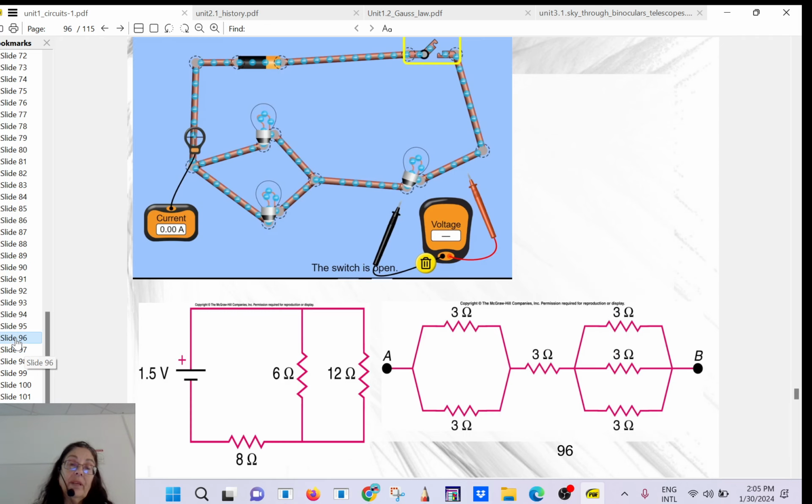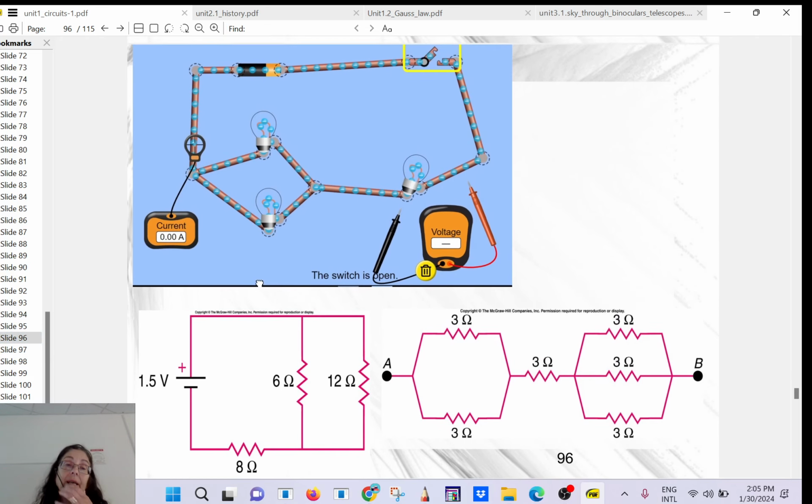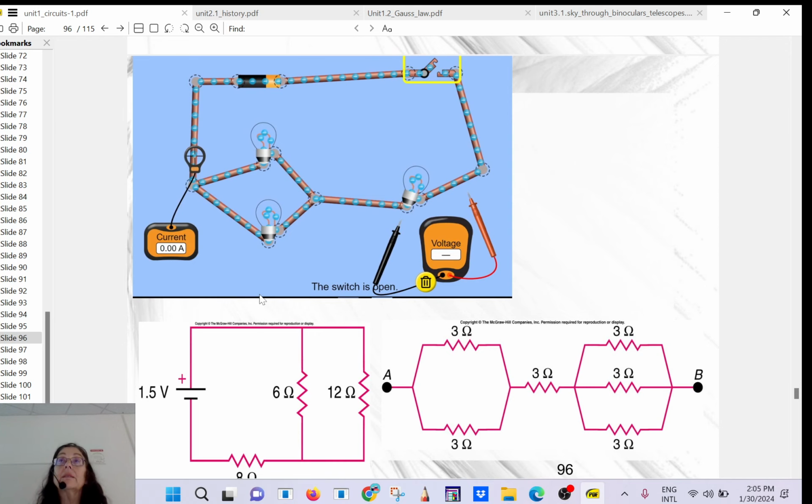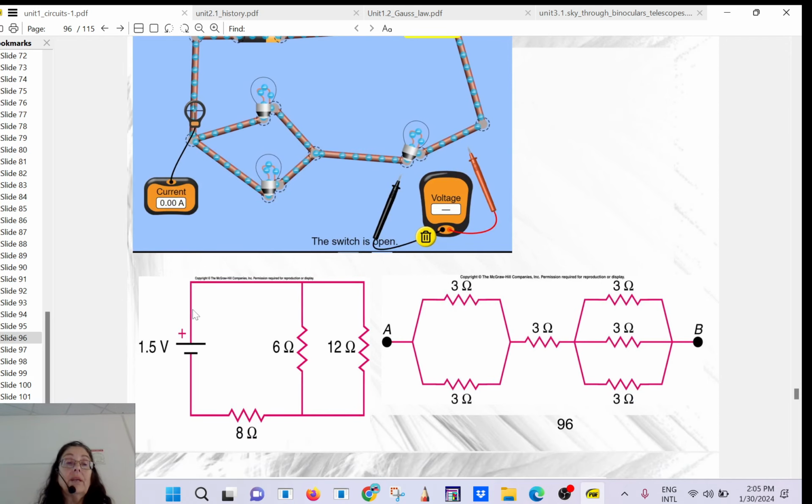Let's do something more challenging. Now you could have a mixed circuit. If you look at this circuit, you follow along, always going from plus to minus. Nothing happening, nothing happening. Oh, intersection. Intersection means it's a parallel circuit.